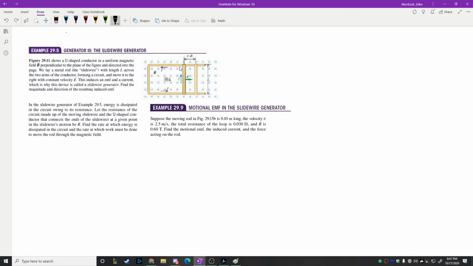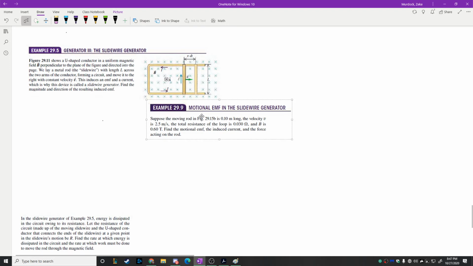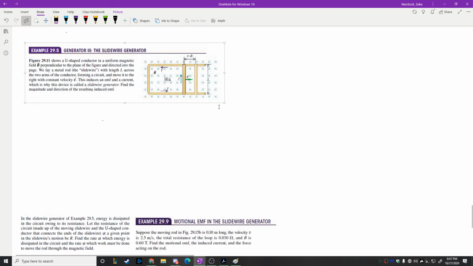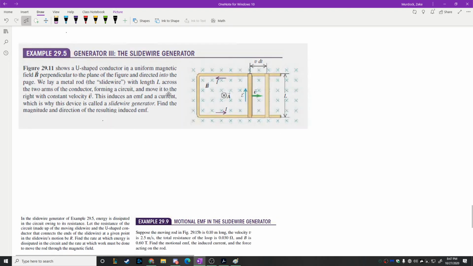The picture is as follows. We have a U-shaped bar here. There we go. We'll answer these other questions later. We've got a U-shaped bar right here, and fitted in between them, you have a bar that can slide right here.